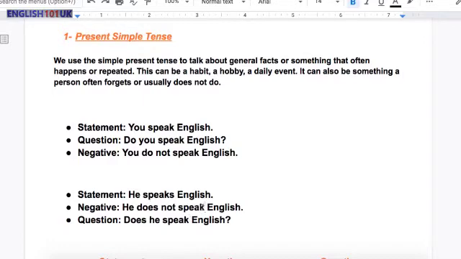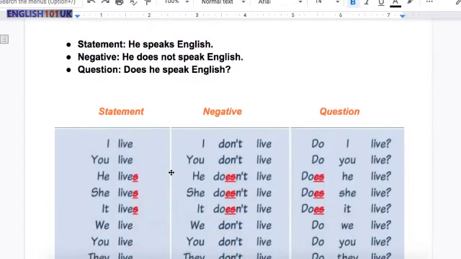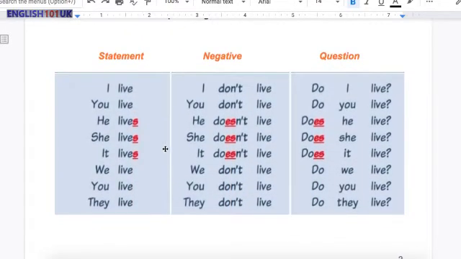Otherwise, we have to add s at the verb. And this rule applies to the pronouns he, she, and it.